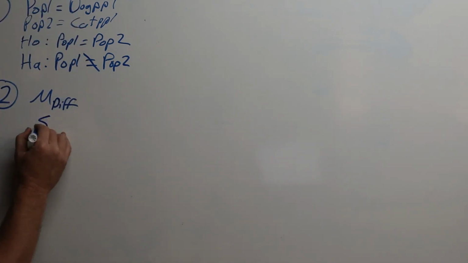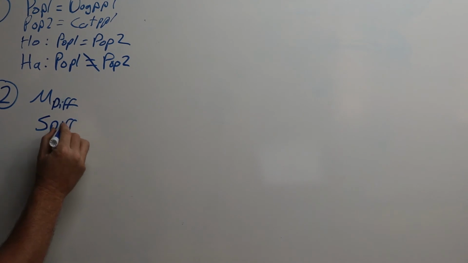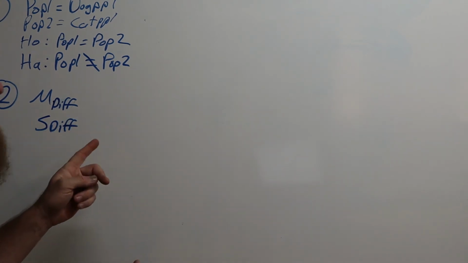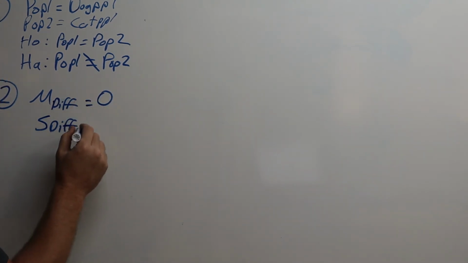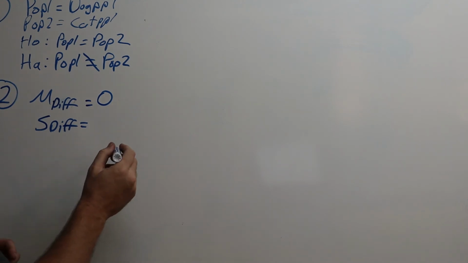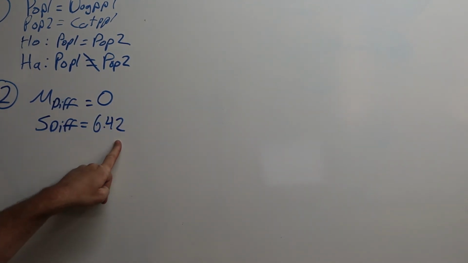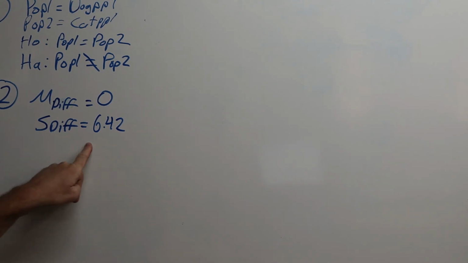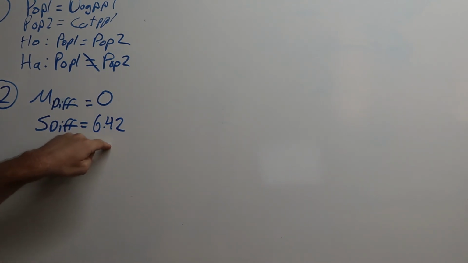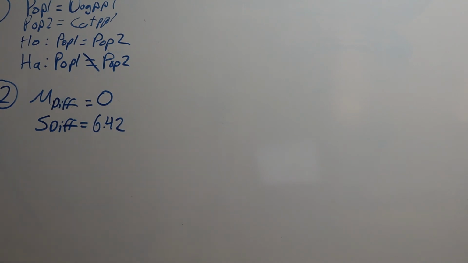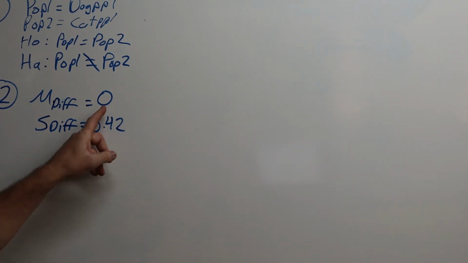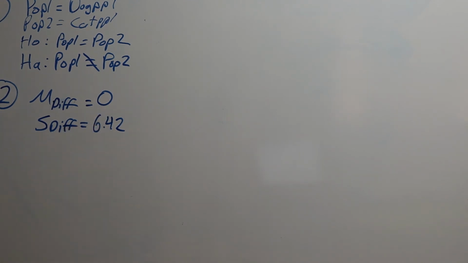But we also know that there's going to be differences, variability, and so we have to determine that. We know 0. We found out that S diff was 6.42. That means that the depressive level is going to differ on average for a group of the size that we had, which was 10 people, by 6.42, even though they're going to differ around a population mean of 0.